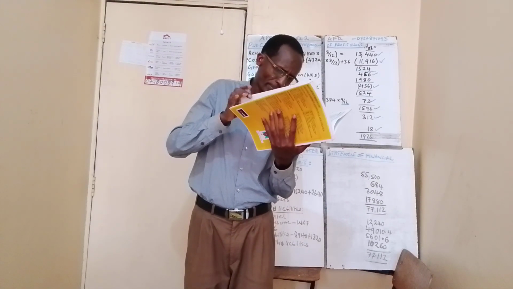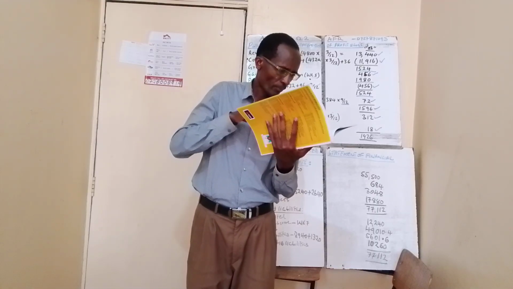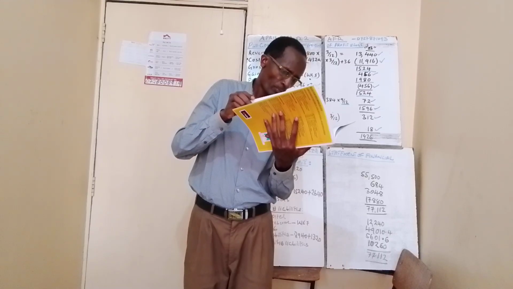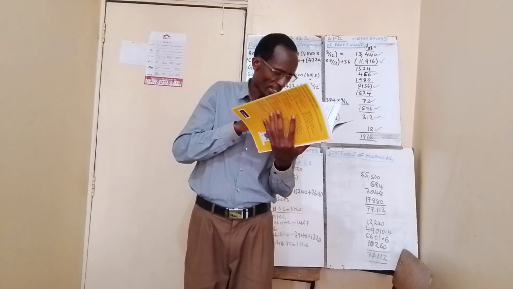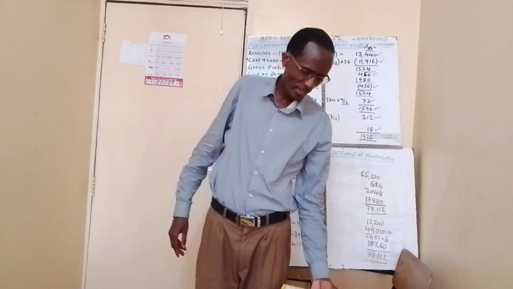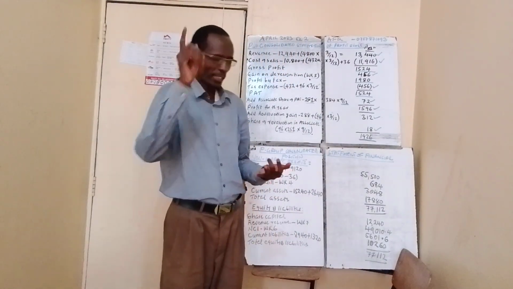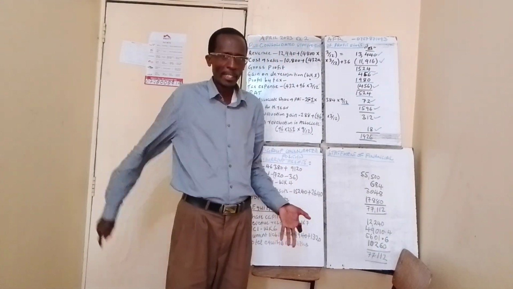That is, let me confirm, taxation of business, taxation of individuals, then VAT, and investment allowances. So there are 4 areas which involve taxation for CPA intermediate, CIFA intermediate, and ATD.